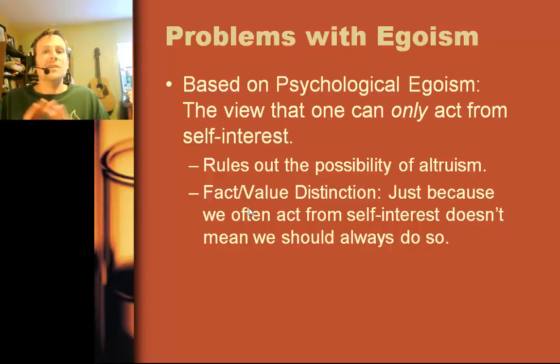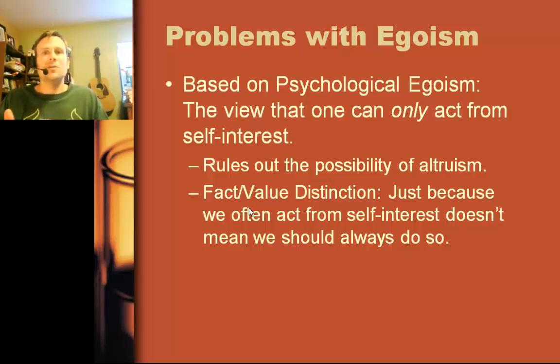The claim of the psychological egoist is that we can't do that. That as a matter of fact, it's impossible for somebody to put another human being's needs above their own. That we can only act based on our own desires or our own interests. So that looks like it's a false claim.